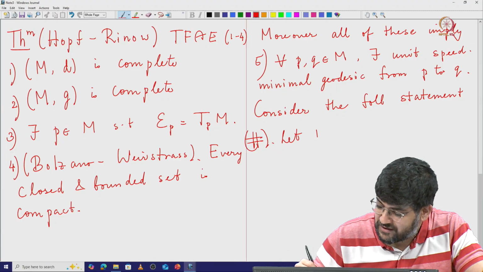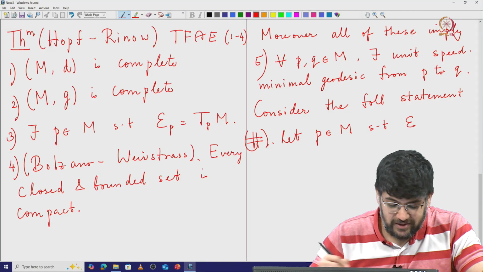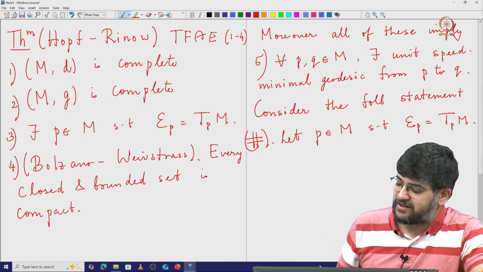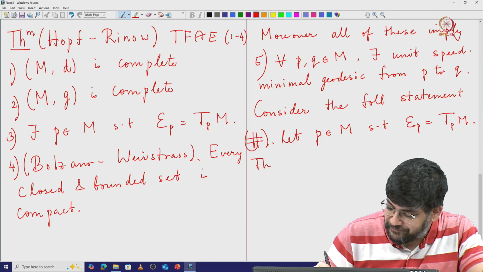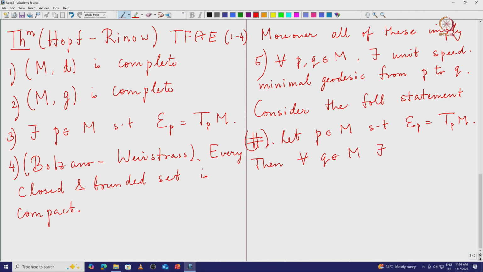Let P be in M such that the third property holds, that the domain of the exponential map at P is all of TPM. Then for all other points Q in M, there exists a minimal geodesic connecting P to Q.